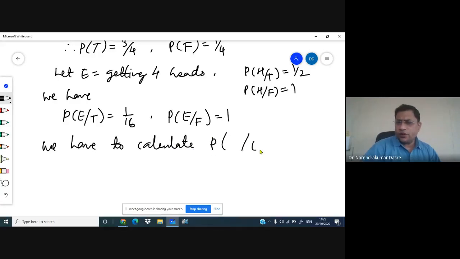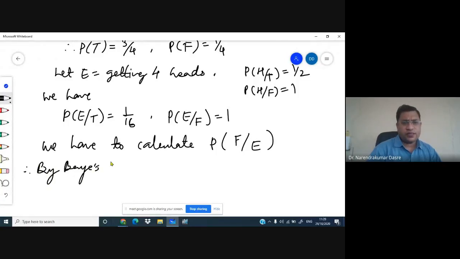The event E has happened, and I want to find the probability that the false coin was used after getting 4 heads. This can be answered by using Bayes theorem.